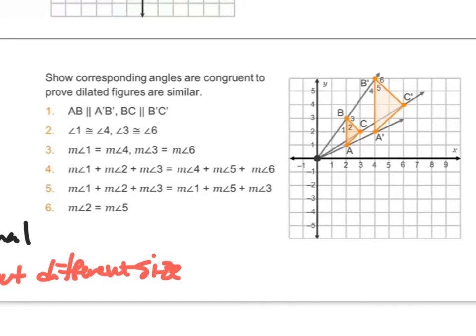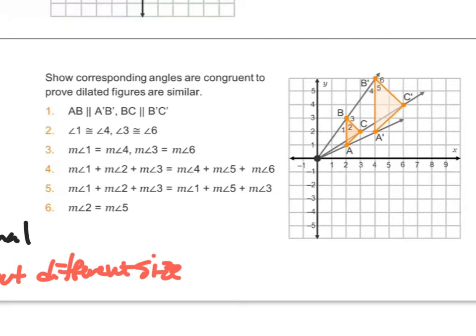And what we know, show that the corresponding angles are congruent to prove dilated figures are similar. So what I know is that AB is parallel to A prime B prime. I also know angle 1 is congruent to angle 4. Angle 2 is congruent to angle 5. That's the big one.